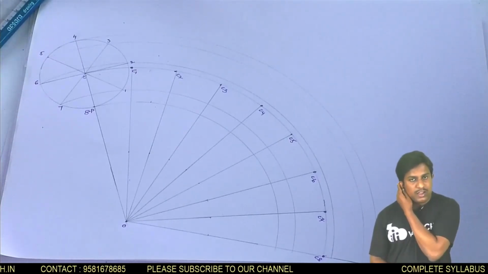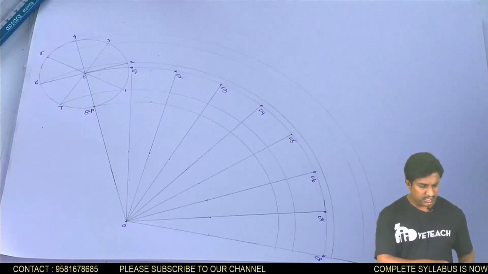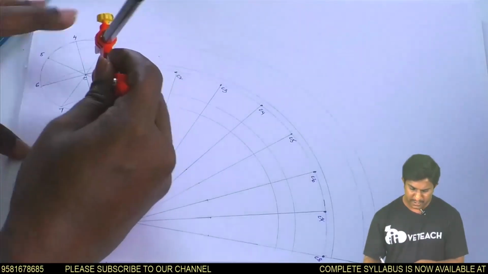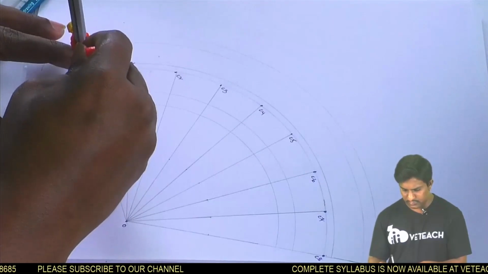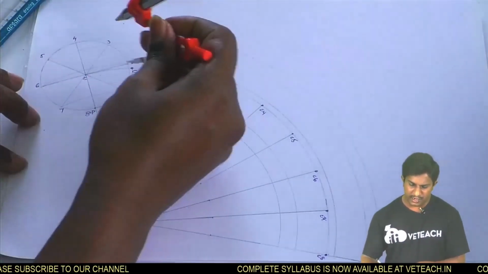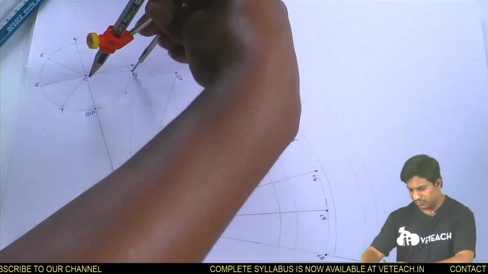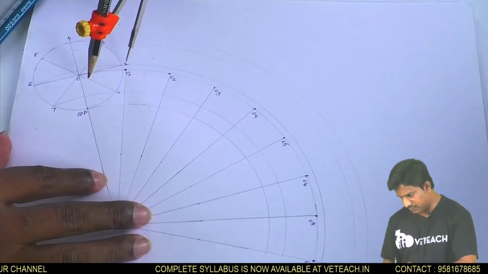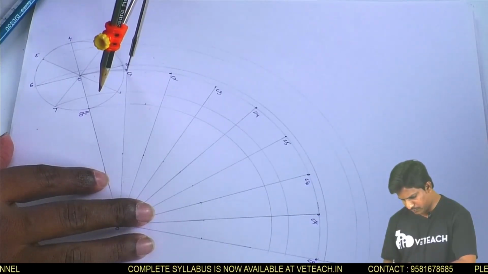Now to draw the arc I need to take a distance from P to C. Taking the distance from P to C, cut an arc from C1 to the first point.